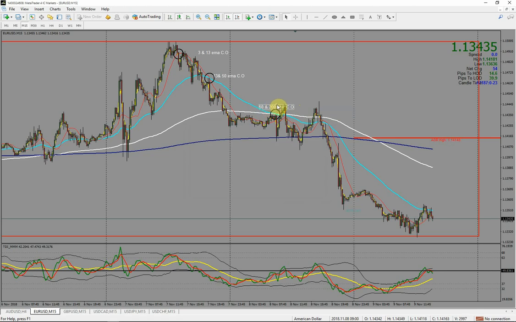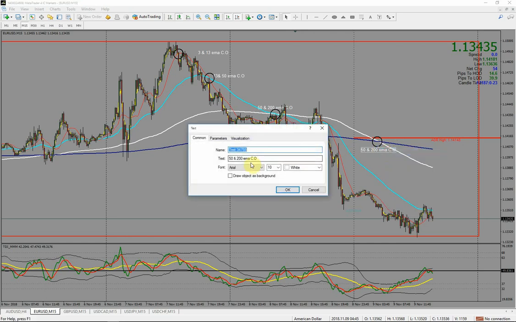Let me just put that over there. And then lastly, the 200 and the 800 moving average crossover. It's like a story. They tell you something. You just need to be able to read it. So when you're able to read the story that the moving averages are trying to tell you, then you're gonna be profitable. That's one thing for sure.